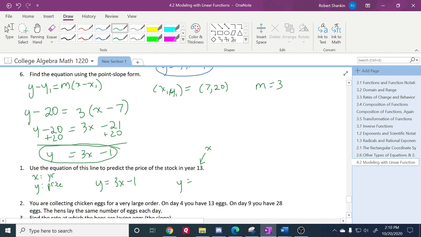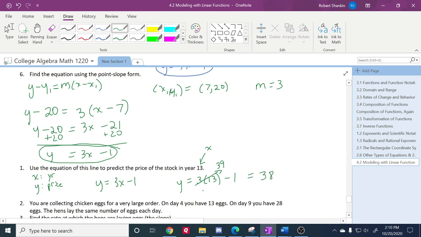So y is going to equal 3 times 13 minus 1. 3 times 13 is 39. 39 minus 1 is 38.